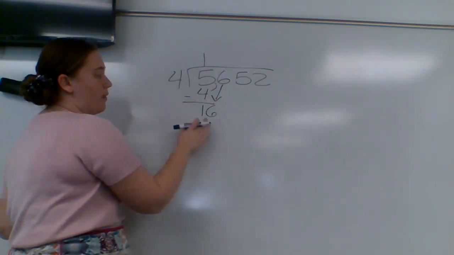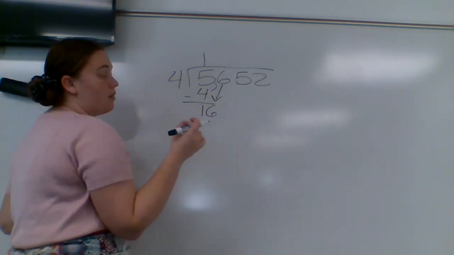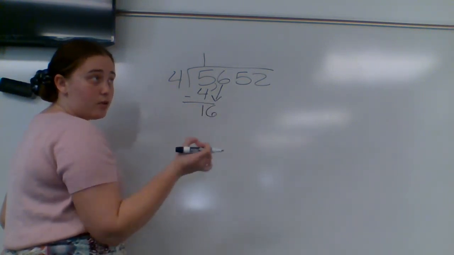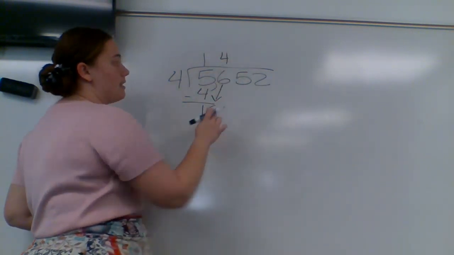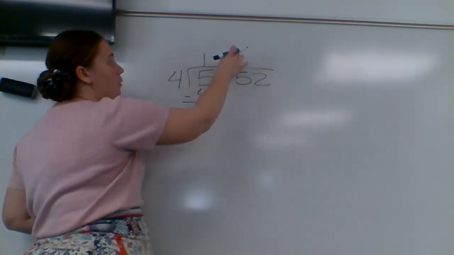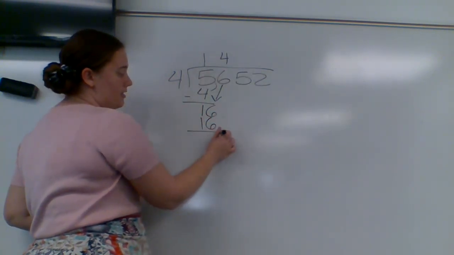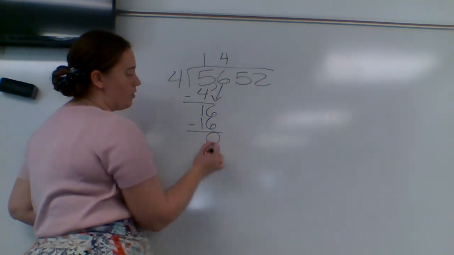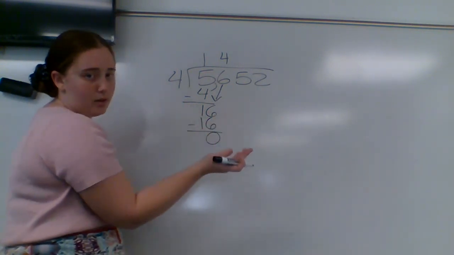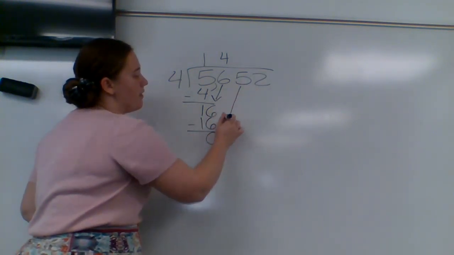So now 4 is going into 16. 4 will go into 16 4 times, because 4 times 4 is 16. And 4 is going to go above the 6 right there, because it got brought down. We're going to go 4 times 4. Well, 4 times 4 is 16, like we just said. 16 minus 16 is 0. And of course, 0 is going to be smaller than 4, so it's a good comparison. We're going to bring down the 5 next.